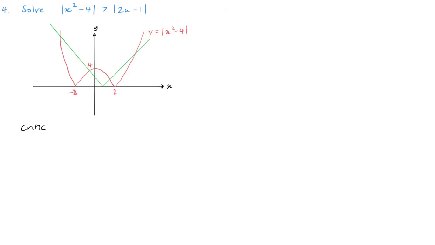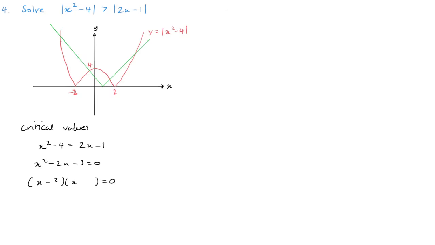So critical values. So x squared minus 4 equals 2x minus 1. So x squared minus 2x minus 3 equals 0. So this factorizes, doesn't it?